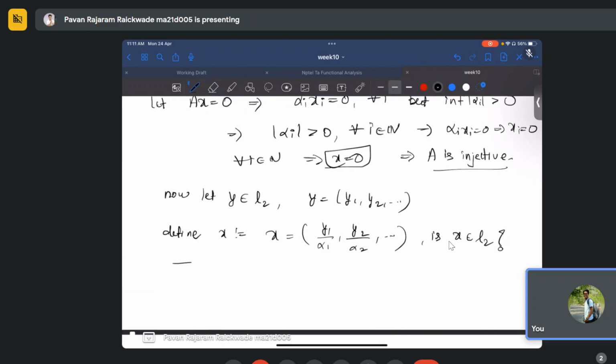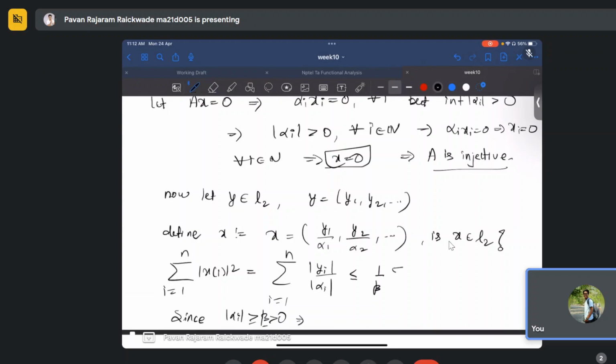So let's see. The summation of modulus of x_i squared, i going from 1 to n, is the summation of modulus of y_i upon modulus of alpha i, squared, 1 to n. But now, since modulus of alpha i is greater than or equal to beta, strictly positive, where beta is the infimum of all mod alpha i, this quantity is less than or equal to 1 by beta squared times the summation of mod y_i squared, i going from 1 to n.